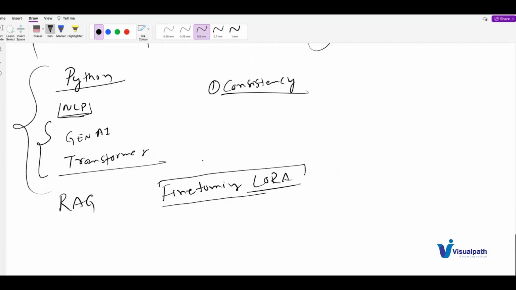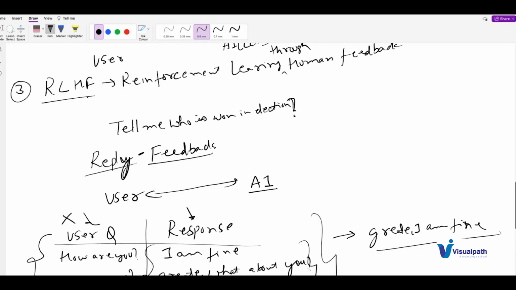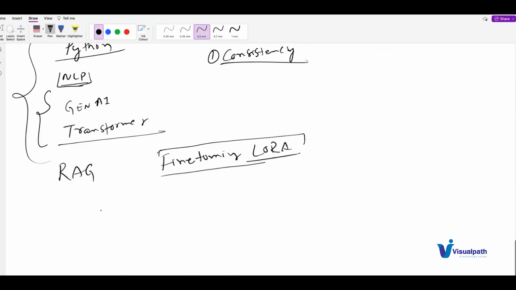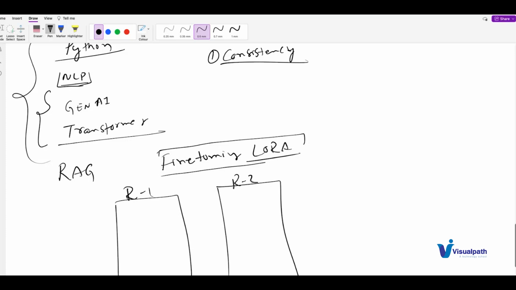Now, here I told you in RLHF, you do these things, okay? You give a prompt, AI gives you the answer, and you label it correct or not. And this type of thing you would have seen on your ChatGPT or Grok. Sometimes if you ask a question to ChatGPT or Grok, it gives you response one and response two, right? Did you observe these things? Response one and response two.